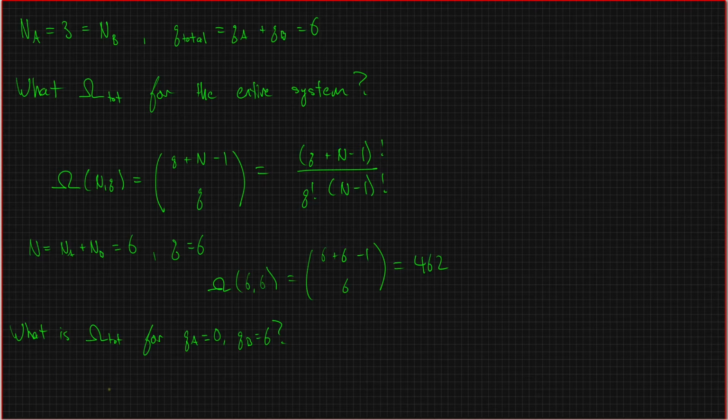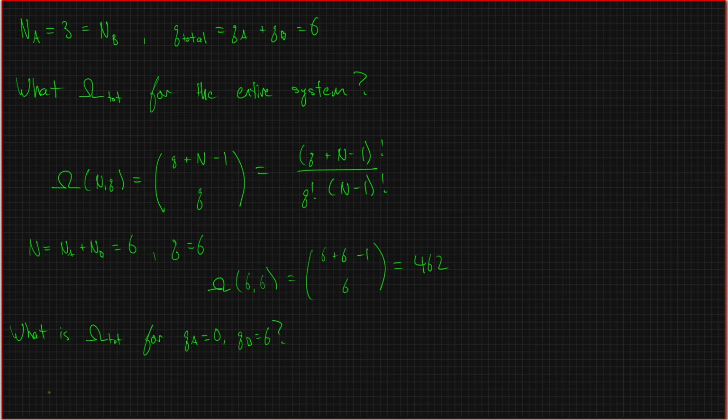So if I want to calculate this, what do I have to do? Anybody? I'm still going to use the same formula, but I'm going to use it twice. Does anybody remember? So multiply the two together.